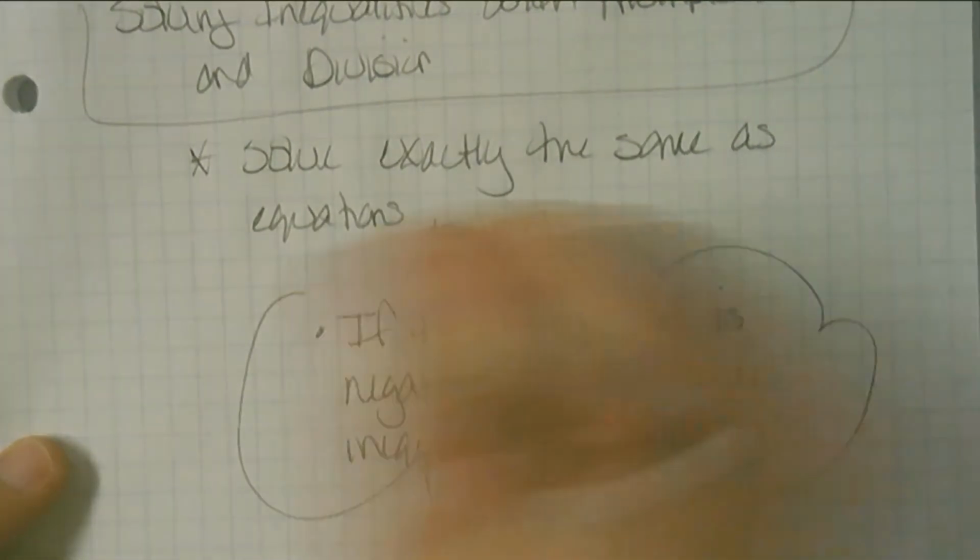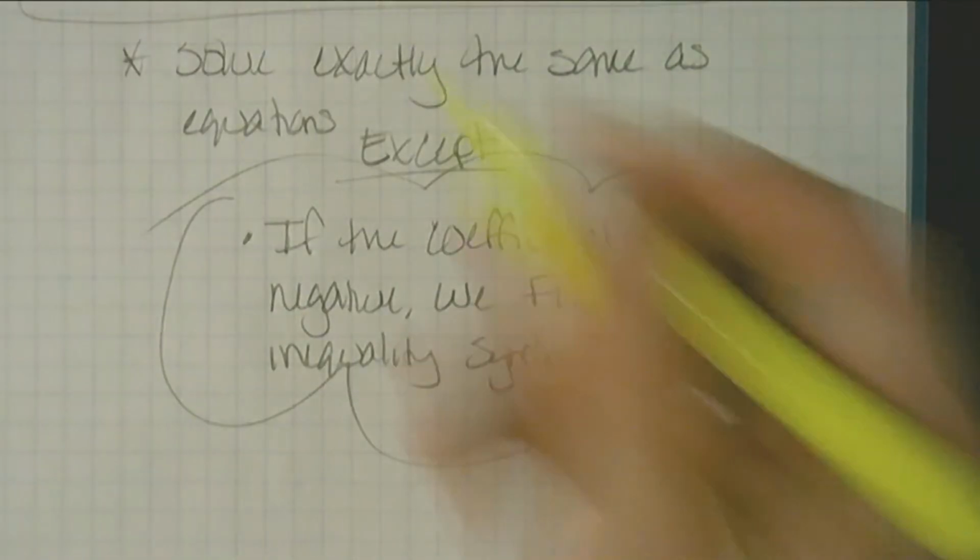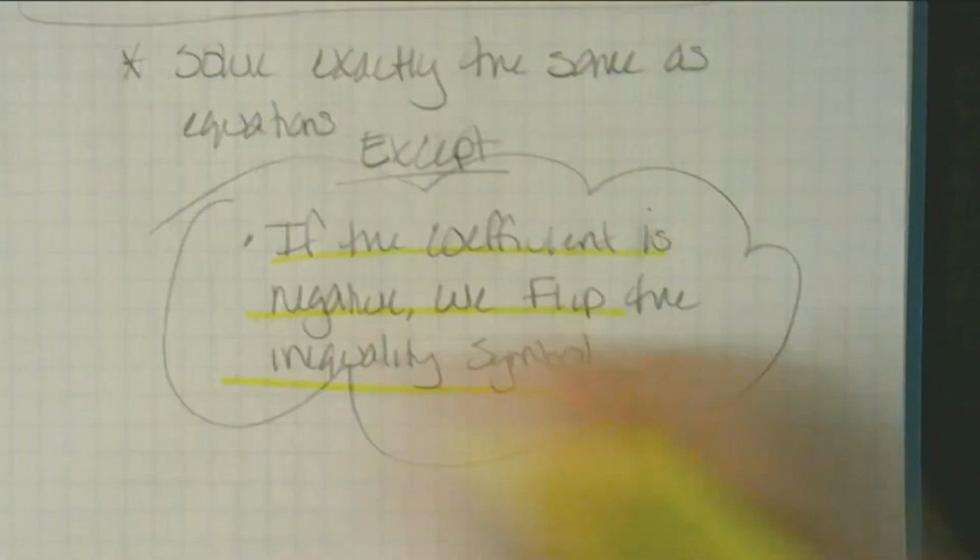That is the only change. If the coefficient is negative, we flip the inequality symbol. That is the big part.